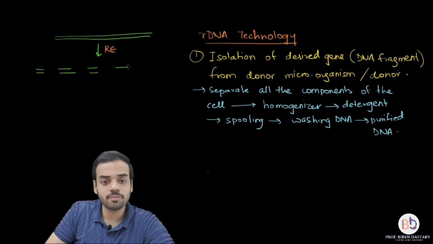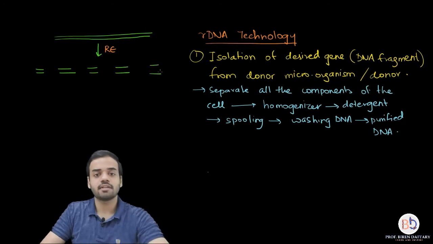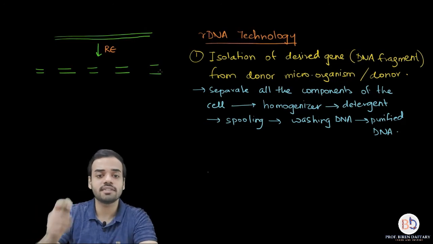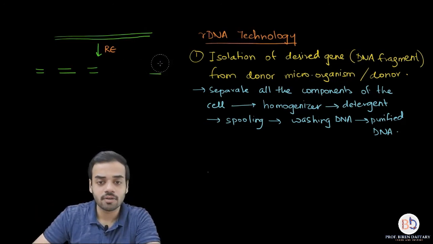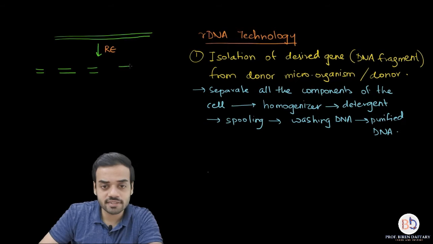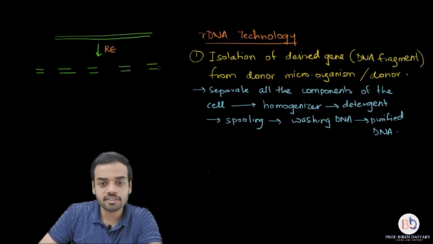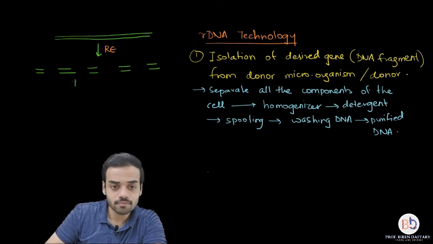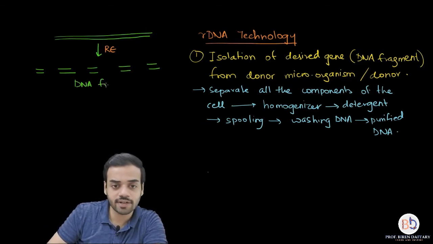All the fragments will be of different lengths, correct? And these fragments are formed because of cutting by restriction enzyme. Please remember that. Because of the restriction enzyme, your DNA has been cut into many smaller parts called fragments.